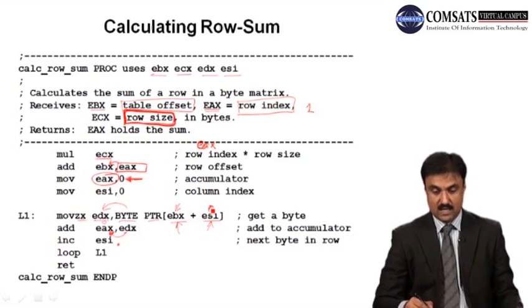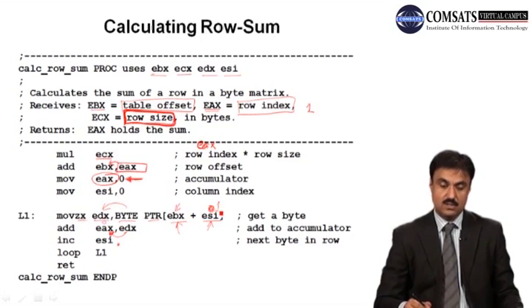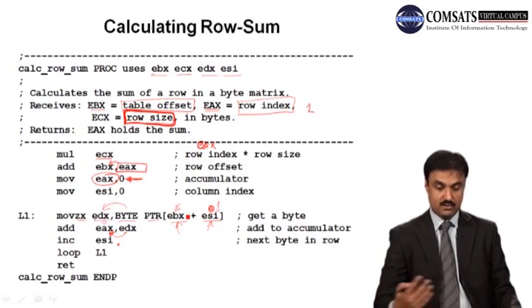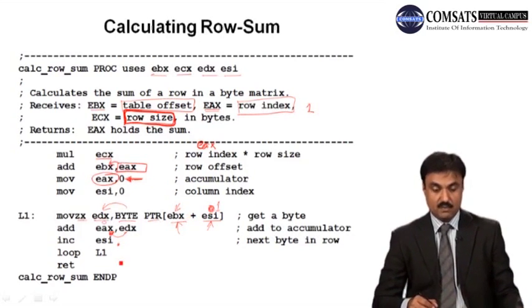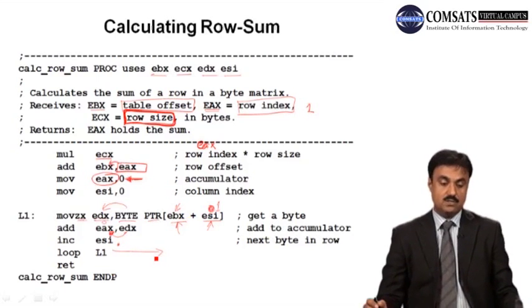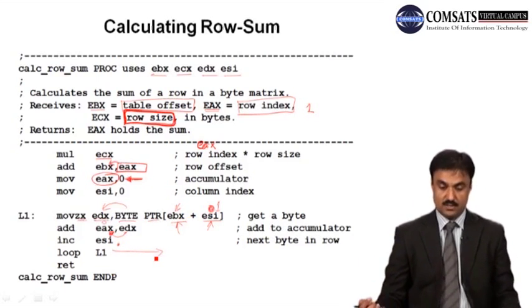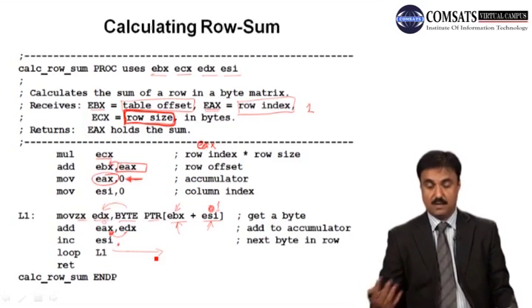So here you can see ESI will be equal to 1. So EBX plus ESI is the starting address of that row, plus 1. This will be the next byte that we are going to read. So in this manner you can read all the bytes. There should be some condition that you can use to terminate, depending on how many bytes you want to sum.